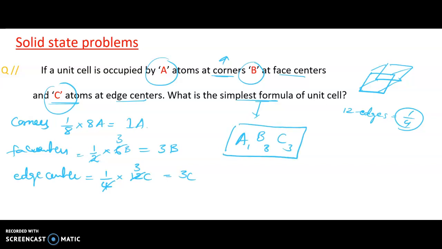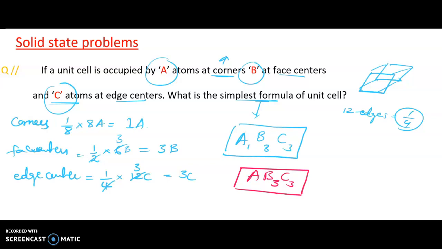Here we can also write this as AB3C3. AB3C3 is the simplest formula of this particular unit cell.